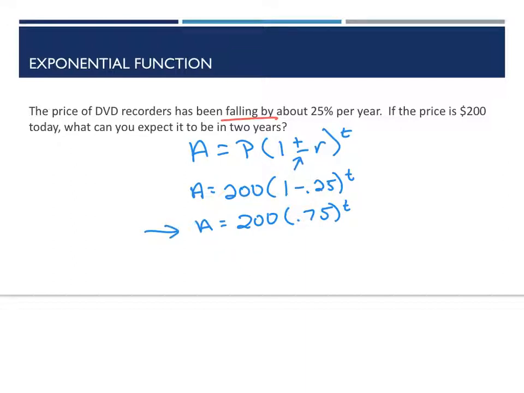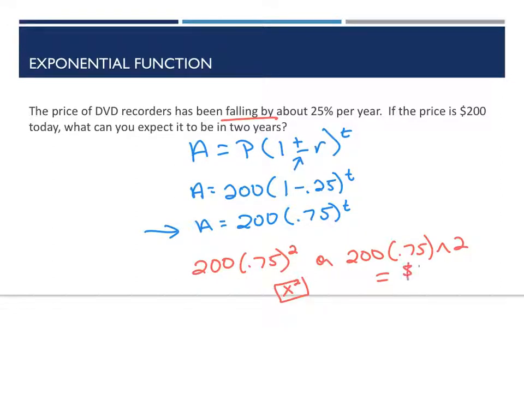If I want to know what it can be in 2 years, then I just use 2 for my exponent, which I can do by just hitting the x squared key. We'll put a little squared up there. Or I can continue to use my caret key. Either way, this answer is going to turn out to be $112.50.